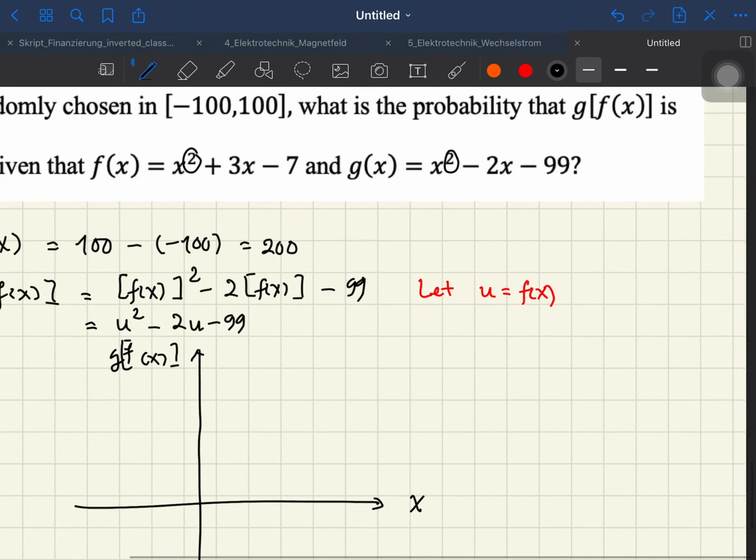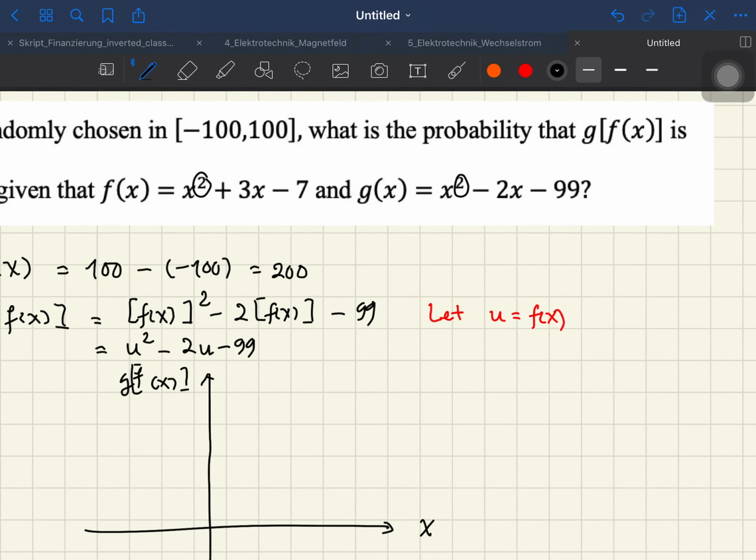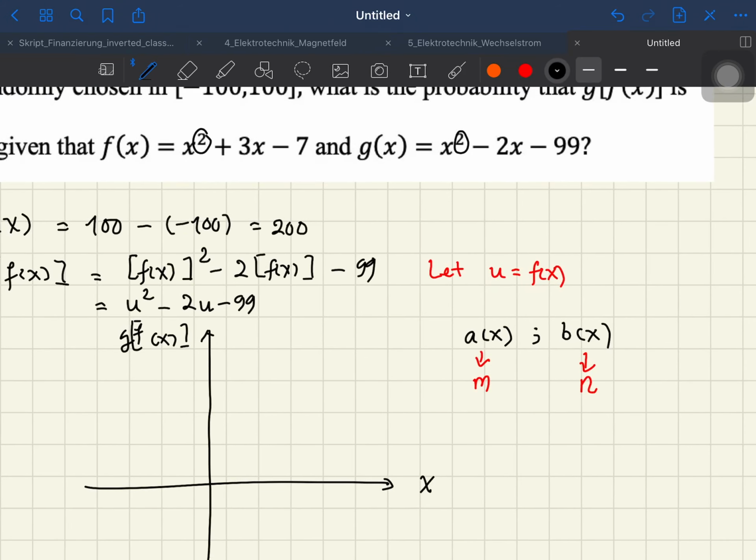If you have a composite function, like let's say you have a(x) and b(x), where the highest degree for a is m and the highest degree for b is n, what is the highest degree of a(b(x))?